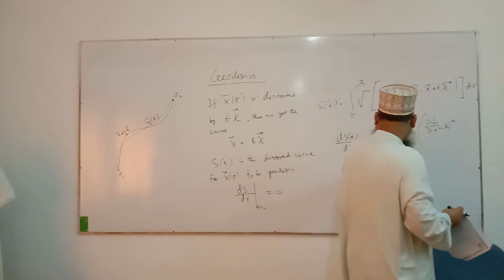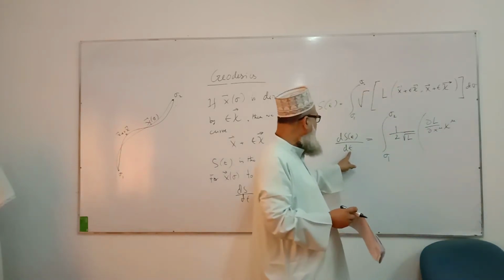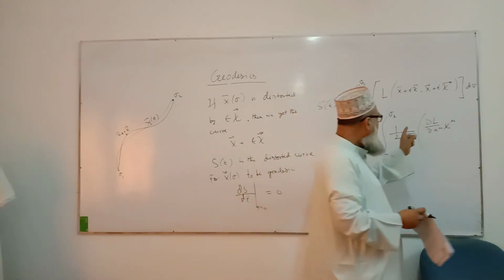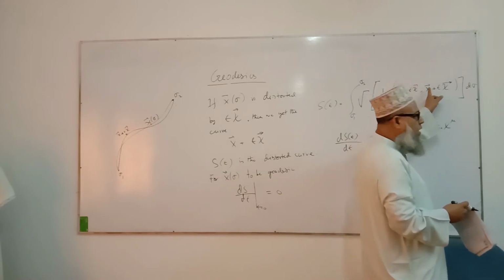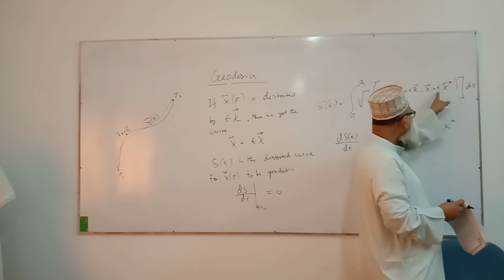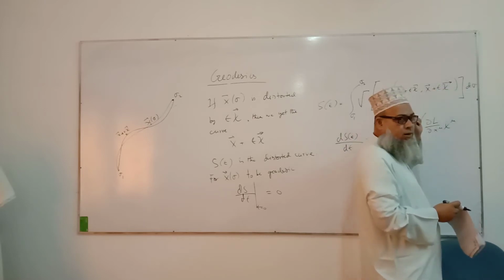Then you have to differentiate with respect to epsilon. If you differentiate with respect to epsilon, the x dot term gives 0 because there is no epsilon there. In the other term epsilon cancels, and you get only chi dot.